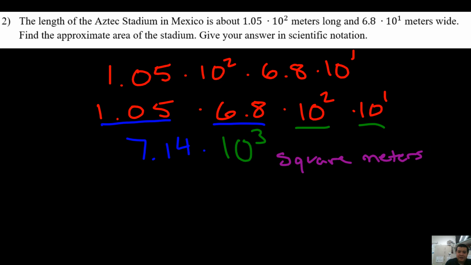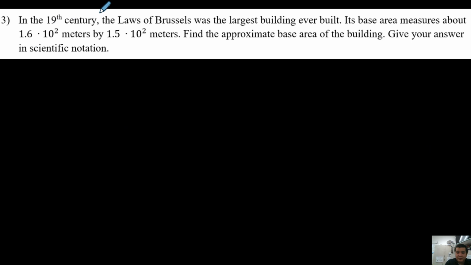Okay. The next one. In the 19th century, the Palace of Brussels was the largest building ever built. It had a base area of about 1.6 times 10 to the second meters by 1.5 times 10 to the second. Find the approximate area of the building. Give your answer in scientific notation. Okay.